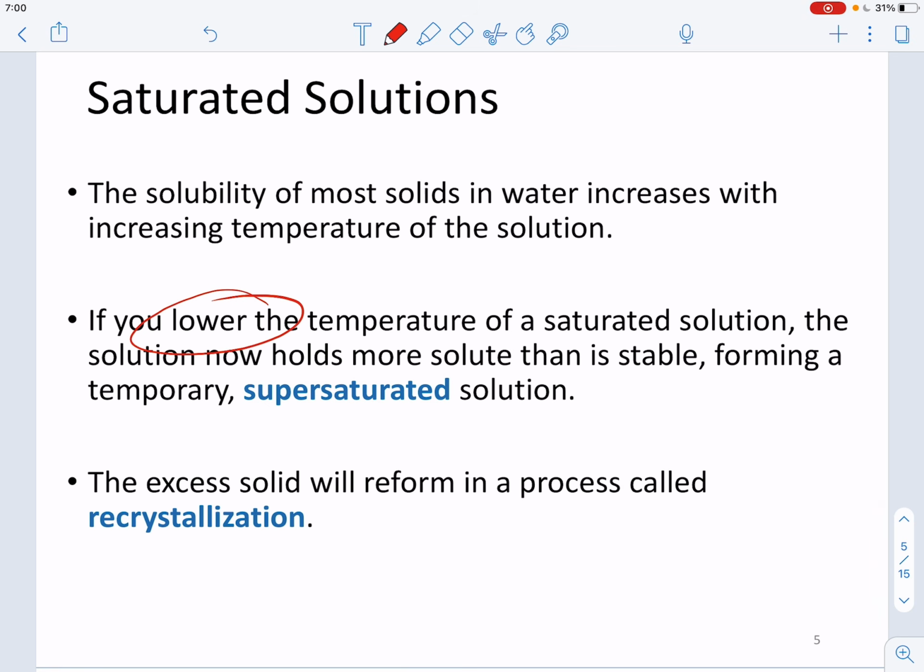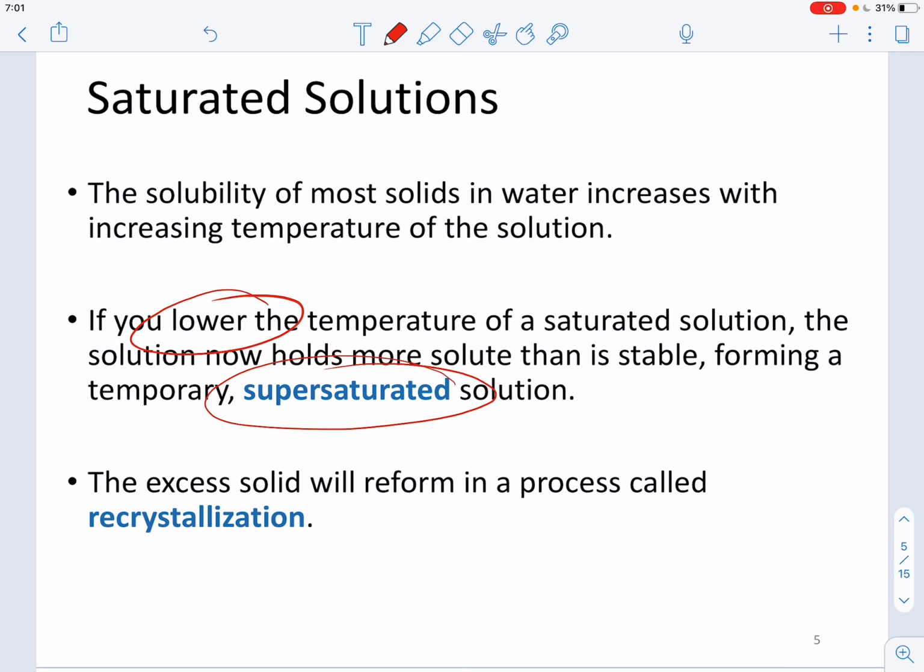So normally that means that the solid should start coming out of the solution because you have more than you can dissolve. So it's natural that it will come out of the solution. It will precipitate out of the solution. But sometimes, depending on how you do that cooling, you reach an unstable situation in which all of the solid remains in solution, and in that case you will have a supersaturated solution.